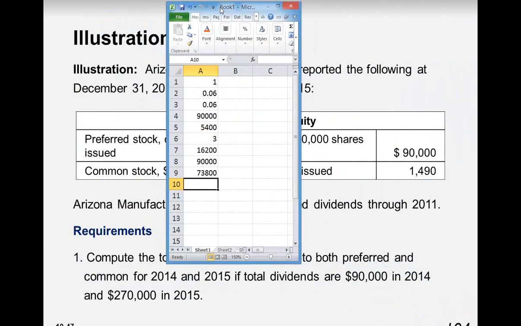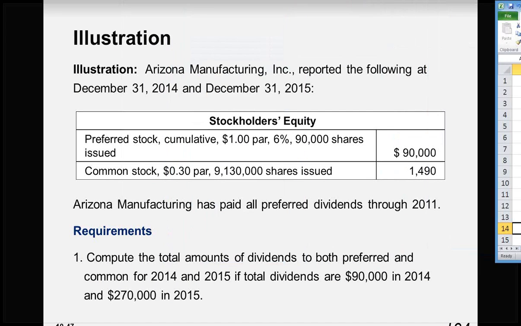Now in 2015, I'm not in arrears any longer, so it was the $5,400 that we computed for the preferred stockholders. So the common stockholders would get all of the dividends with exception to the $5,400, or $264,600.